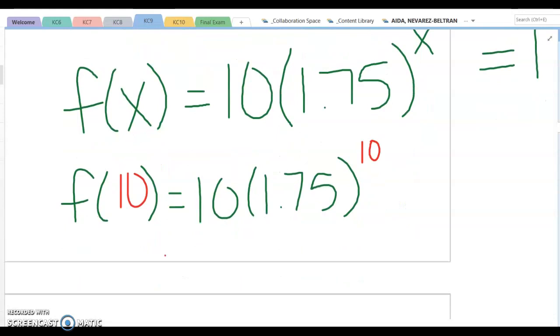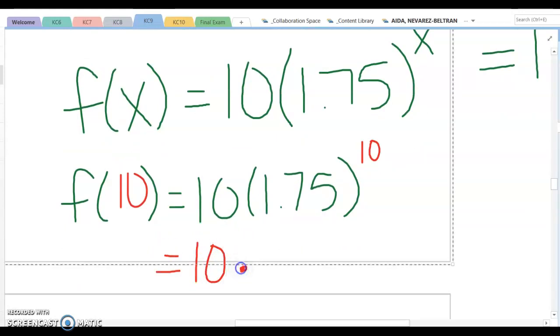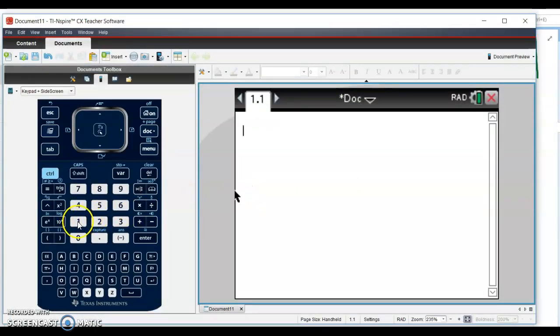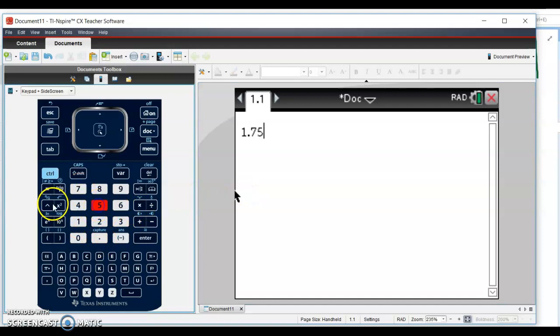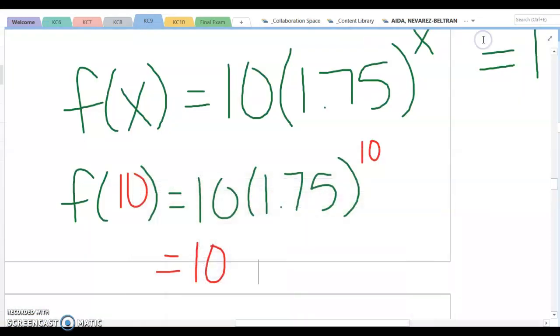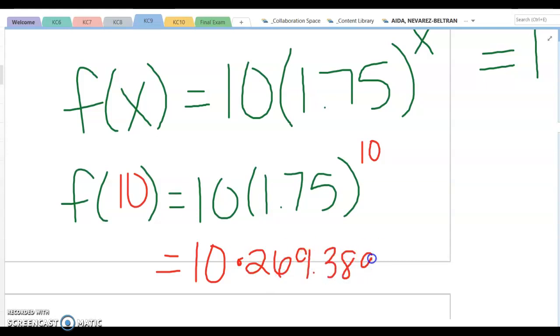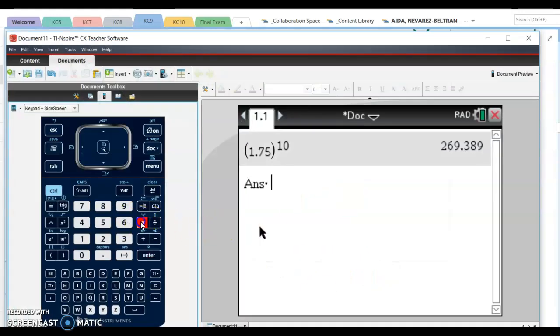So with this one, we're doing 10 times, but we have to figure out what 1.75 to the 10th power is. So 1.75 to the power of 10 is 269.389. Right, so in our calculator, we're just going to take that, do times 10 to get our answer.